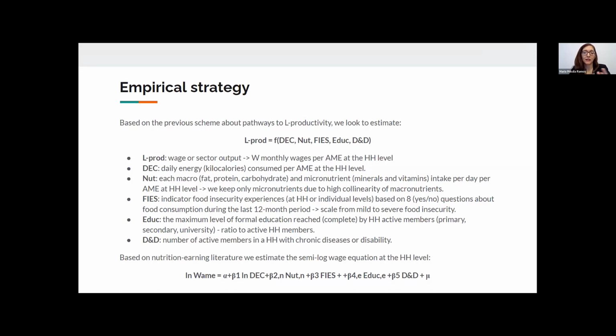And that allows us to evaluate whether the food insecurity at the household level is really severe or not.